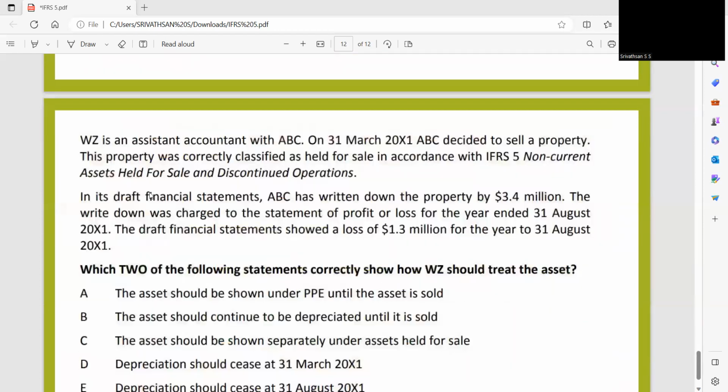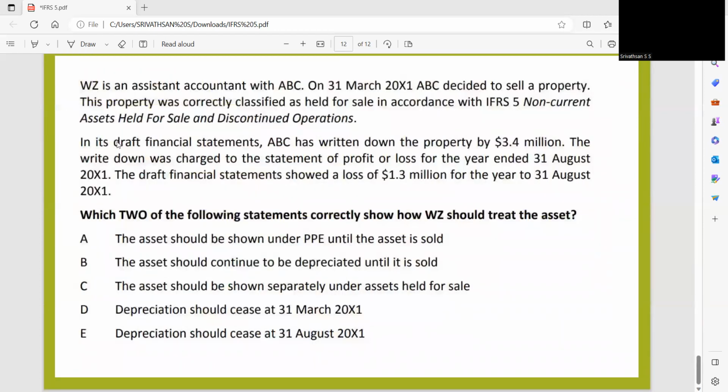The last example, WZ is an assistant accountant with ABC. On 31st March 2011, ABC decided to sell a property. This property was correctly classified as held for sale in accordance with IFRS 5 non-current asset held for sale and discontinued operation. In its draft financial statements, ABC has written down the property by $3.4 million.